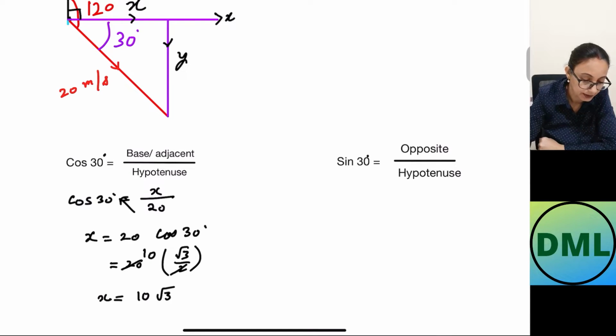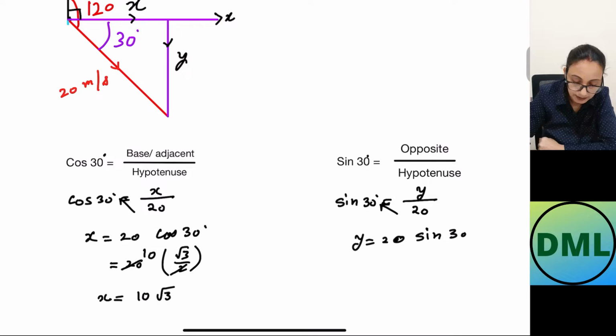Now sine 30 degree. For this 30 degree, it is opposite over hypotenuse. So for 30 degree, opposite is y and hypotenuse is 20. So sine 30 degree is equal to opposite, y, over hypotenuse, 20. Let's do the cross multiplication. y is equal to 20 sine 30 degree.